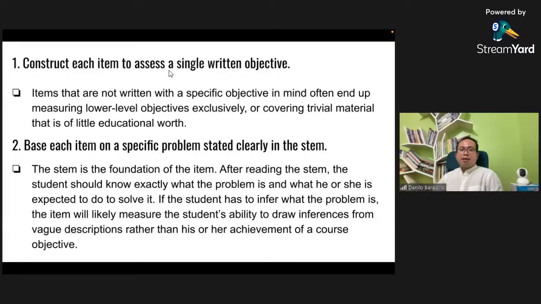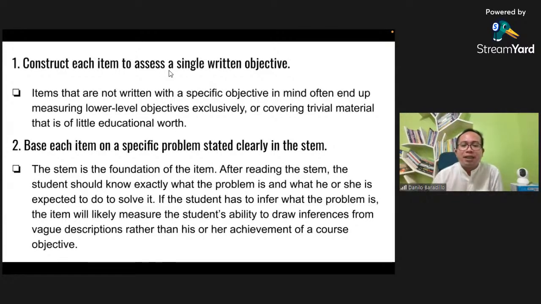Number two, base each item on a specific problem stated clearly in the stem. The stem is the foundation of the item. After reading the stem, the student should know exactly what the problem is. That's why a while ago I was talking about the specific guidelines for the stem. How do we come up with the stem?